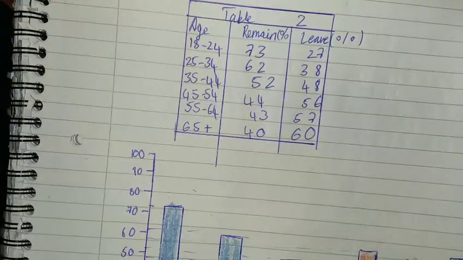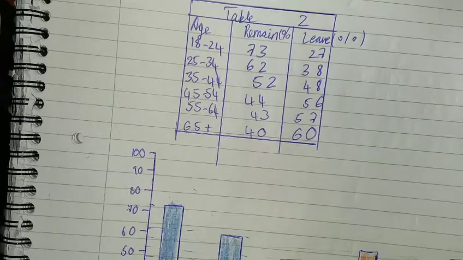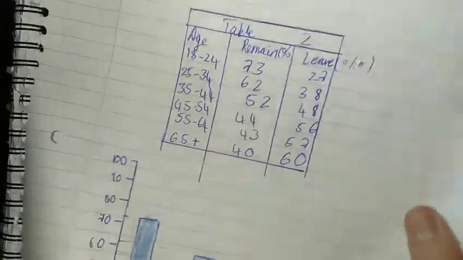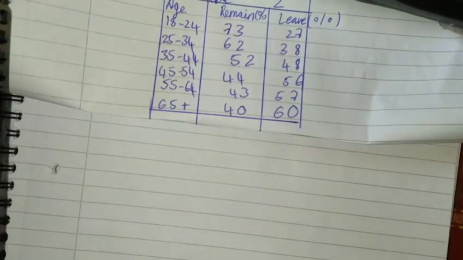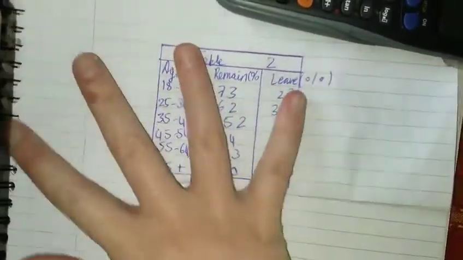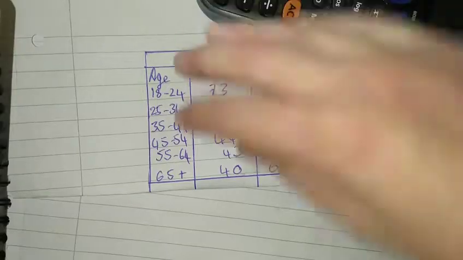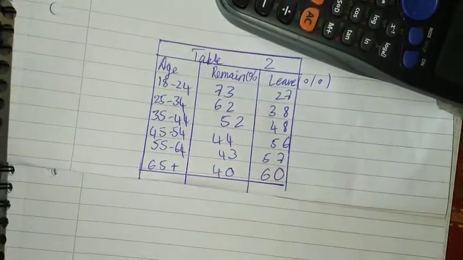So if we want to find the mean, the mean is the average. So we're using this table here. So the mean is the sum of all the values divided by the number of values.